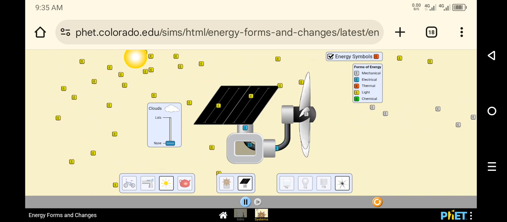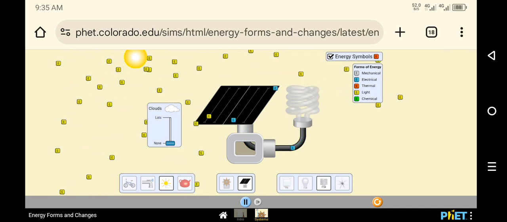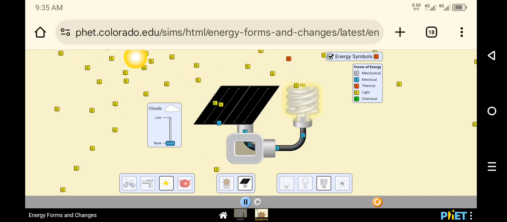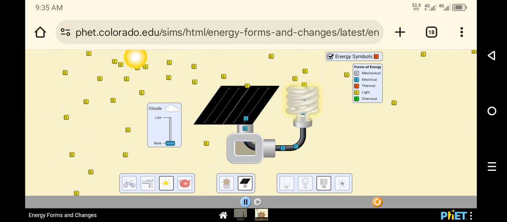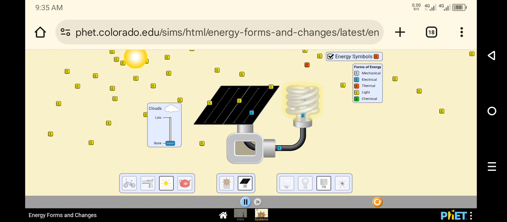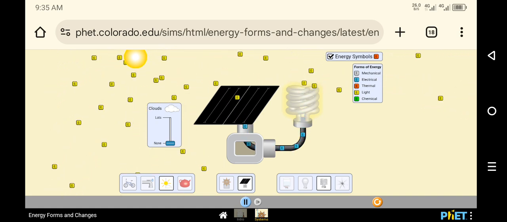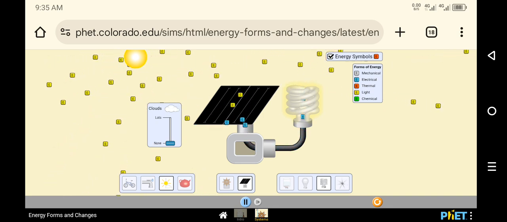You can still put a lamp. The light energy on the solar panel will be converted to electrical energy, and when it reaches the lamp, it will be converted to light energy. That's the way of the energy transformation.